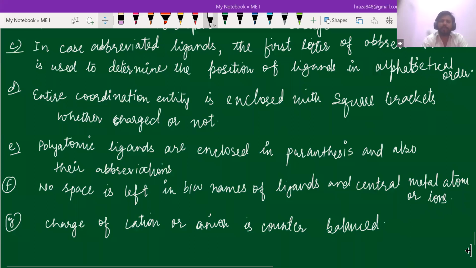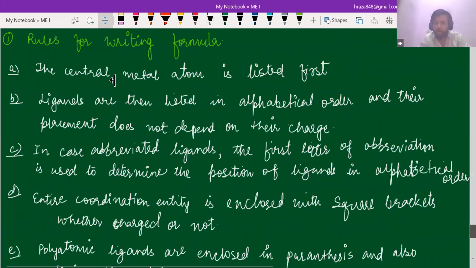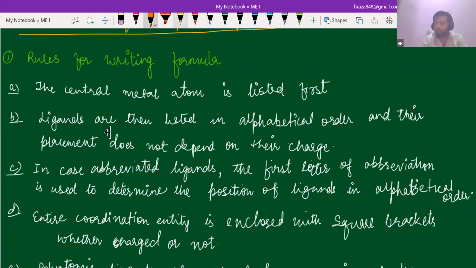It's very easy to understand. If a name of the compound is given, first look for the central metal atom and list it. After that, list the ligands alphabetically.